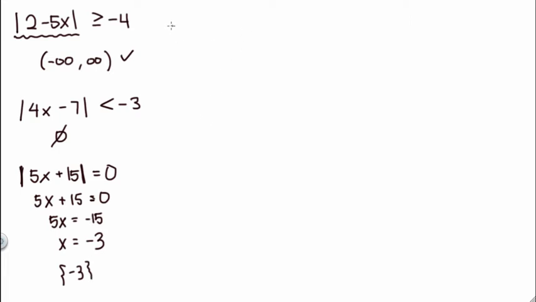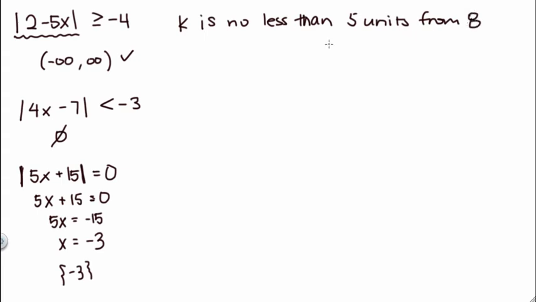Now, sometimes you're going to have to convert words into inequalities. So the first example that I have is k is no less than 5 units from 8. So since it's no less than, it means k is greater than or equal to 5 units from 8, right?